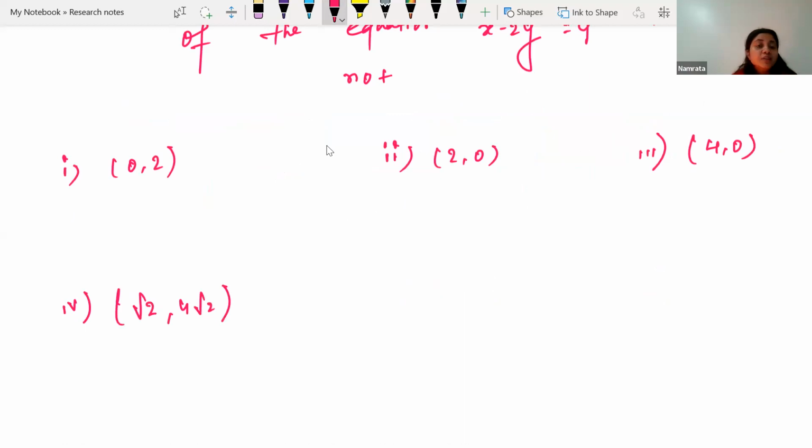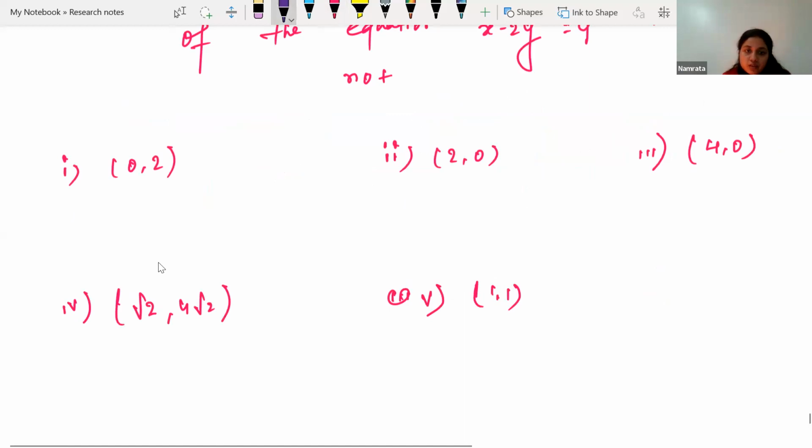Number 5 is 1 comma 1. Here I'm not going to solve all the subparts. Let's do a few. Let's take this 2 comma 0 and this one. Let's do these two together.